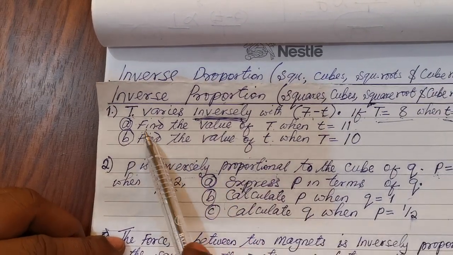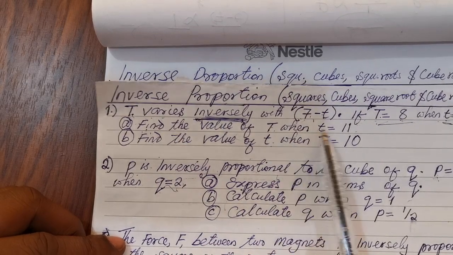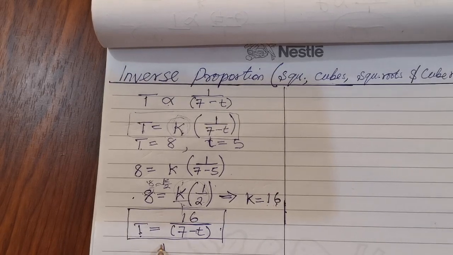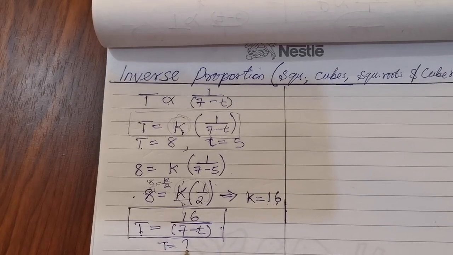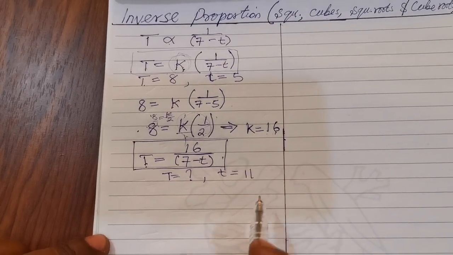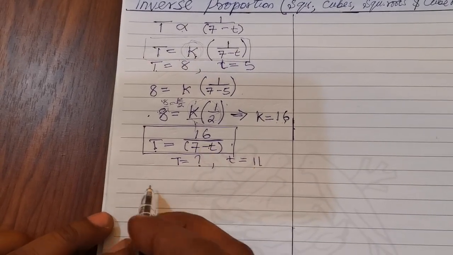Then the next question says find the value of T when small t is 11. So when small t is 11, we are asked to find the capital T. We don't know this, and our small t is 11. So I will substitute my small t here.